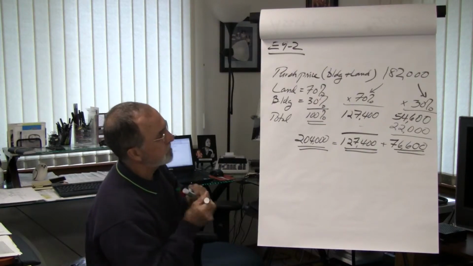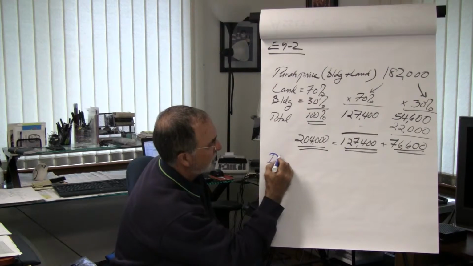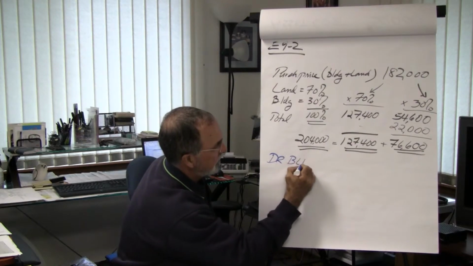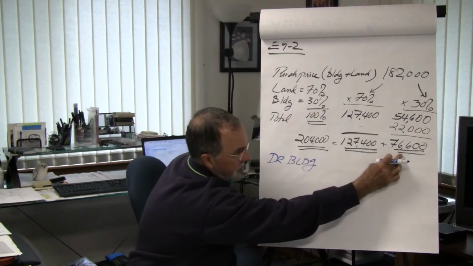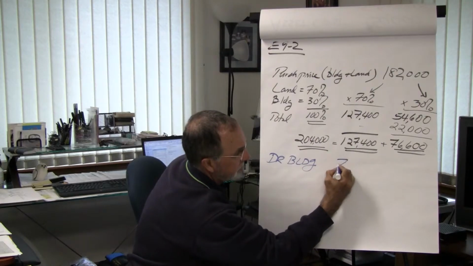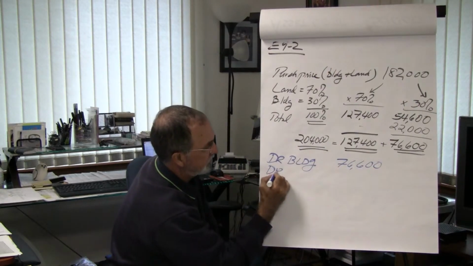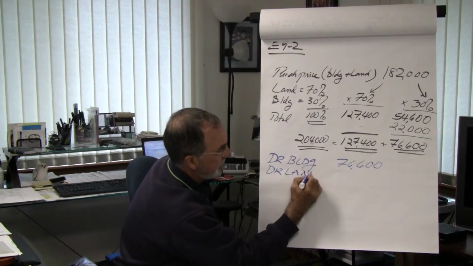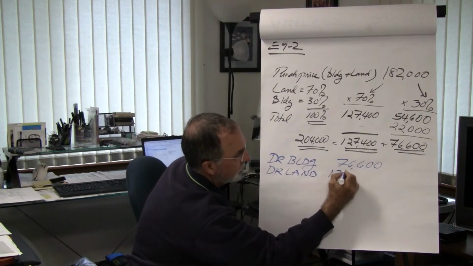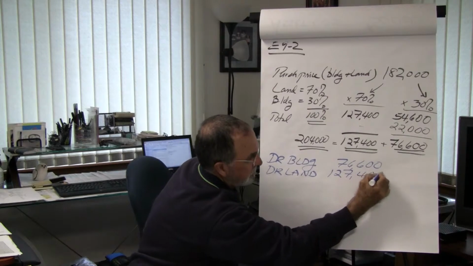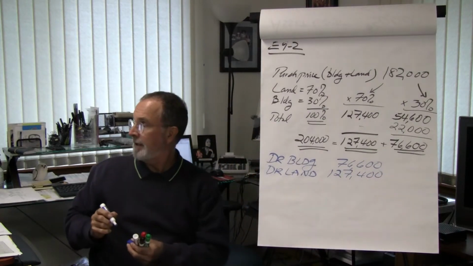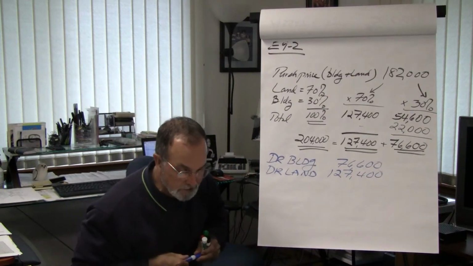And so how we would do that would be to debit the building account for 76.6 and debit the land account for 127.4.